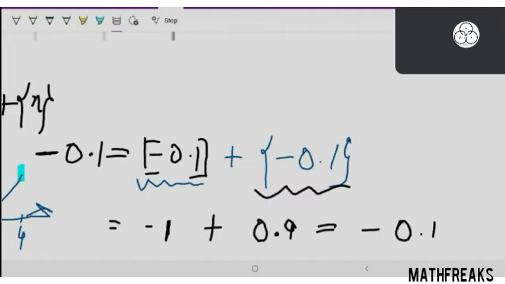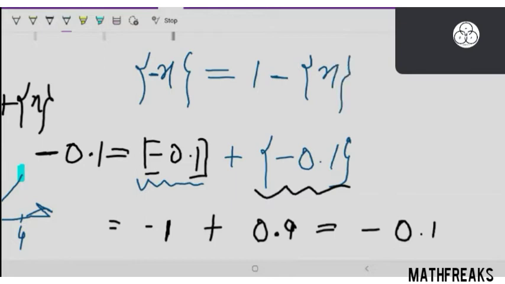So what can we deduce for this curly x? This is a very important property. In fact, some good questions in Olympiads can be formed from this kind of simple property. We'll show them in the practice session. Say curly of minus x is 1 minus curly x.